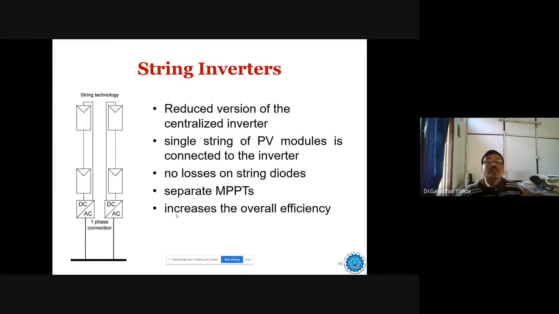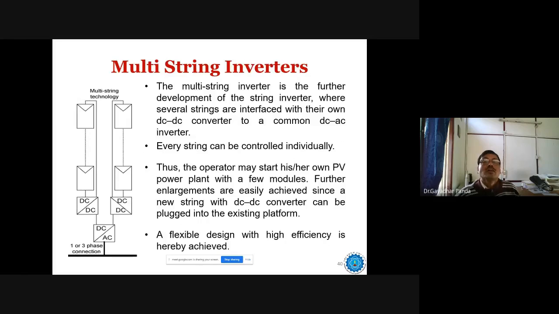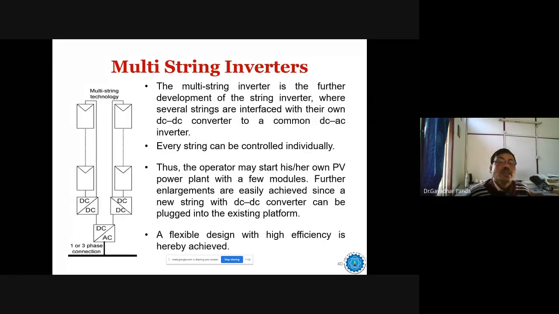Similarly, in string inverters, a number of inverters are connected to the different PV modules. In that way, the size of the inverter will be reduced and separate MPPTs will be used. These are the advantages, increasing the overall efficiency. Then the multi-string inverters.